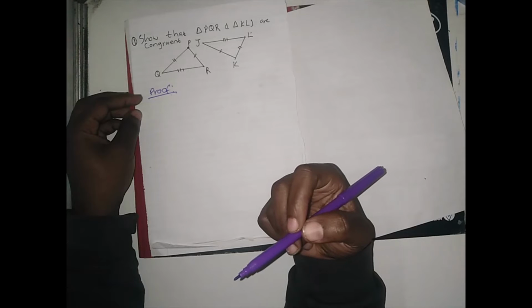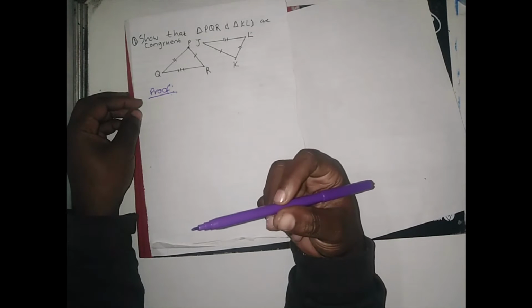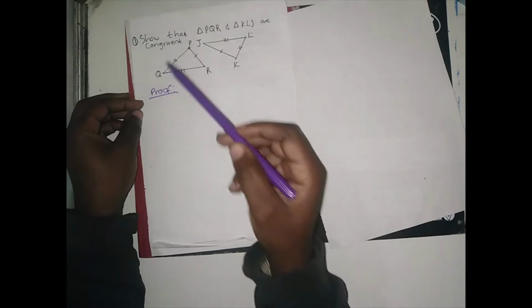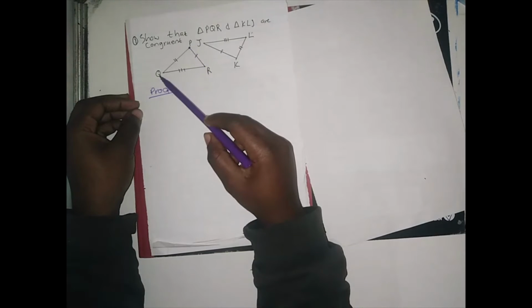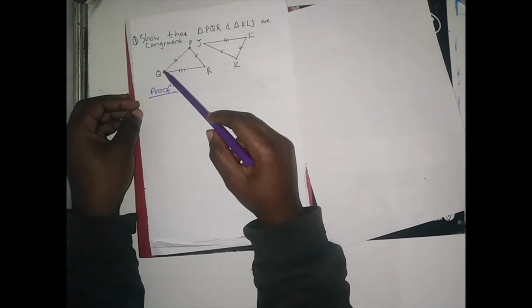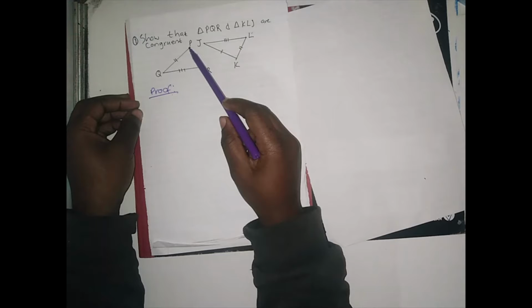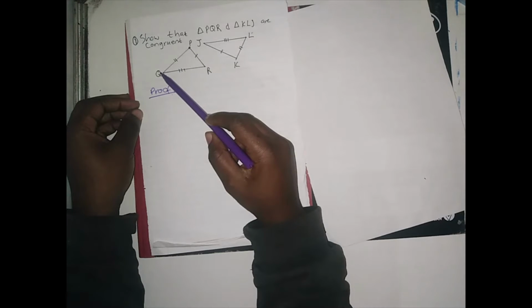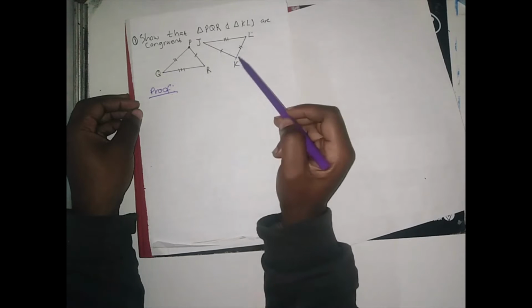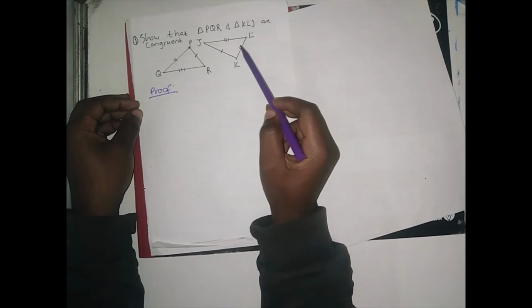There is something that I can see here: side PQ is actually equal to side KL. Can you see 1, 2, and then there is 1, 2.